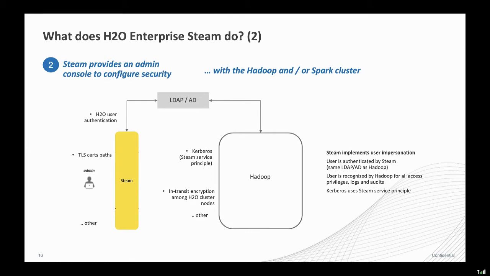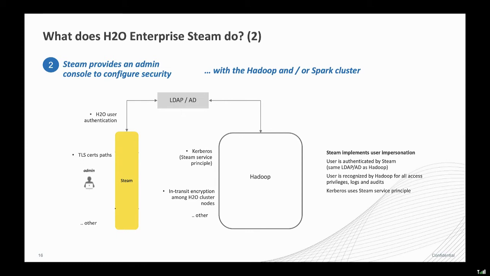Well, if that were the only way the authentication flowed, then anything that happened on Hadoop would just be owned by something called Steam. So me, Greg, using it, I would have no idea whether this cluster was owned by Greg or Mary or Steam or whatever.